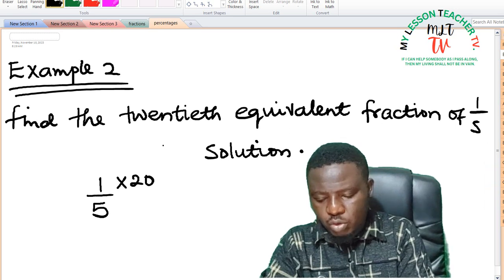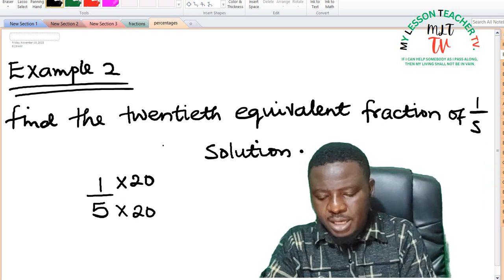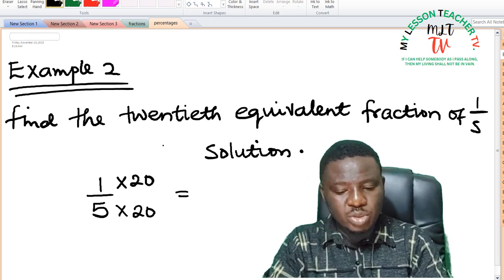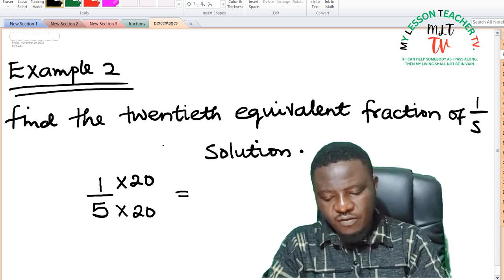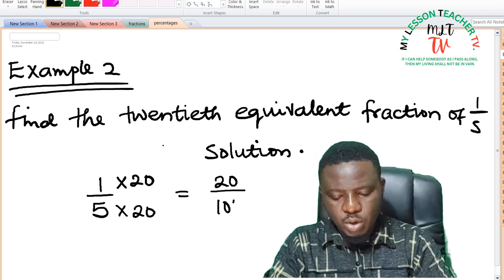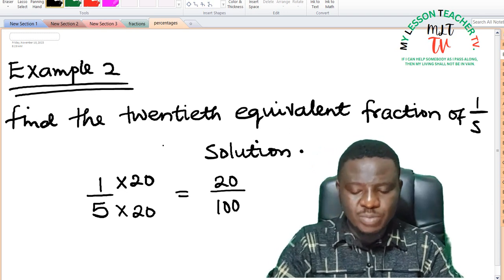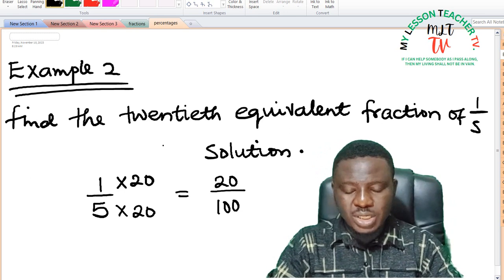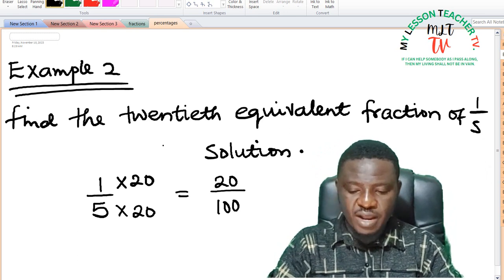So when you multiply the numerator by 20, you also multiply the denominator by 20, and it gives you the 20th equivalent fraction of 1 over 5. This becomes 20 over 100, since 5 times 20 is 100. These are equivalent because if you divide 20 over 100 by 20, which is a common factor, it gives you 1 over 5.